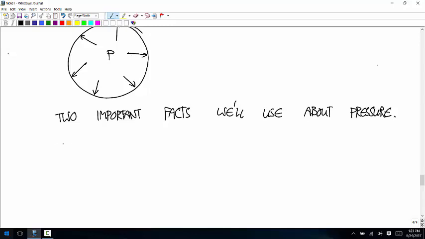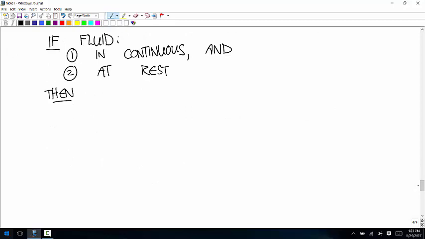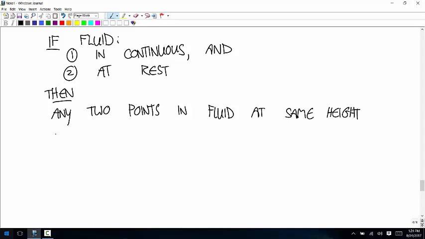The first one is, if you have a fluid that has these two properties: first, it is continuous, and second, it is at rest, then any 2 points in the fluid that are at the same height have the same pressure.